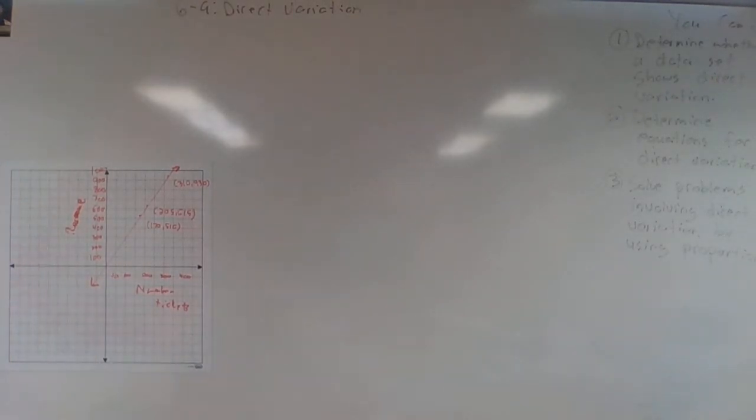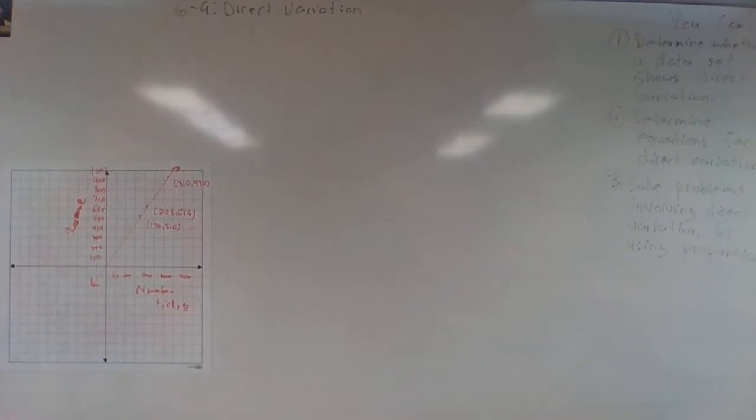So we should assume that this would be a positive correlated graph, right? Because as the number of tickets we sell increases, our revenue is also going to increase. This is going to be a positive correlation, of course. But direct variation.